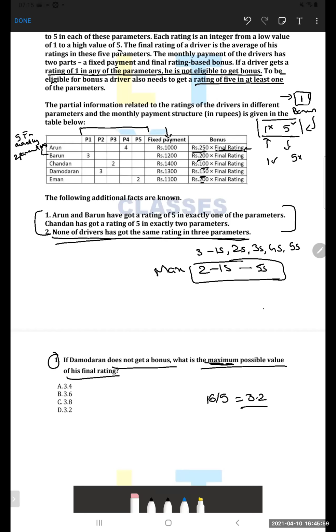Okay, now let us look at a different scenario. Let us say he has got a rating of 5 in 2 parameters, and let us say the next best rating I can give him is 4. In this case also, is he eligible for bonus?